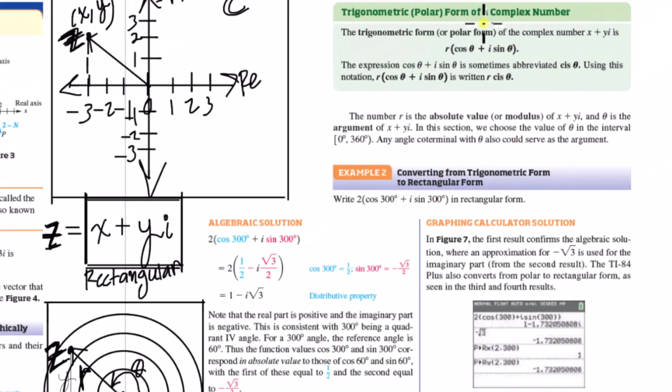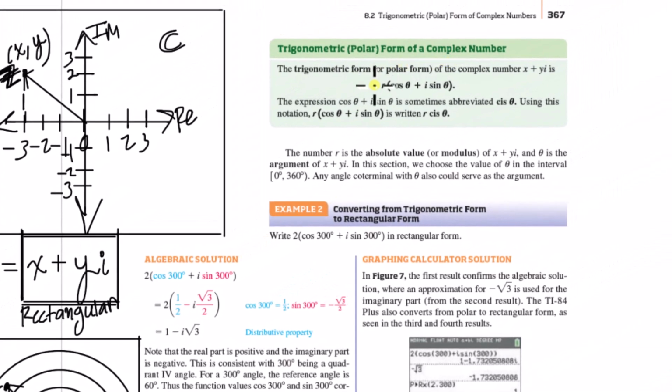Okay, so we come here. Now they just officially state the polar form of a complex number. If you've got a complex number in rectangular form, x plus yi, the corresponding polar form for that exact same complex number, they mean the exact same thing, is r times cosine theta plus i sine theta, where we know the relationships between r, theta, x, and y.